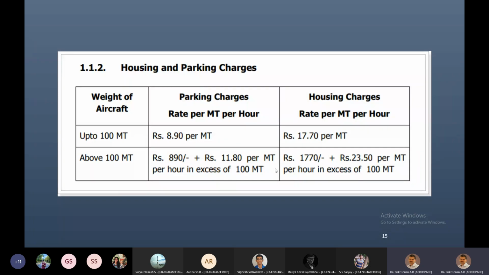But then, the larger the aircraft, the heavier the aircraft, the larger will be the fees. Again, after 100 metric tons, the international carriers have to pay 11.8 per metric ton per hour in excess of every ton after 100 mt, and similarly about twice that in the case of domestic airlines as well. So these are the parking charges for using the apron for parking the aircraft.